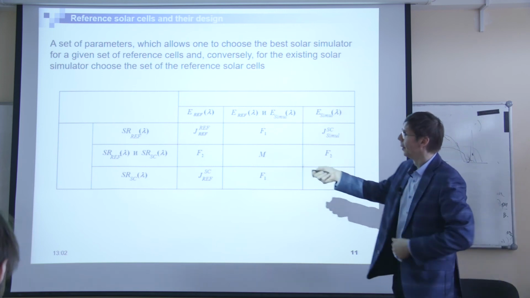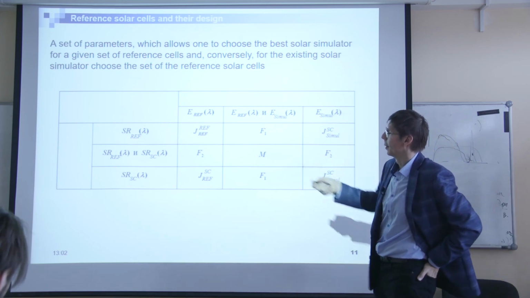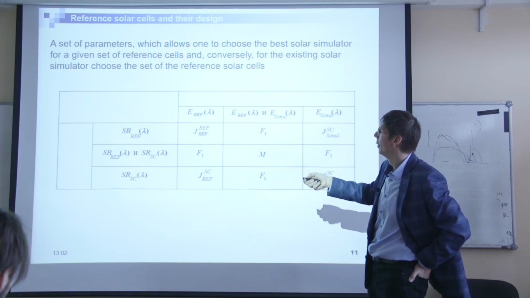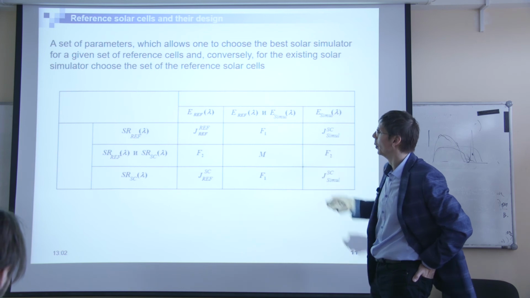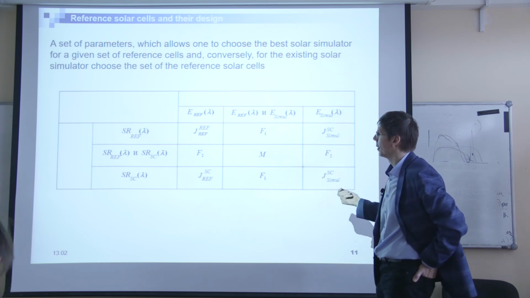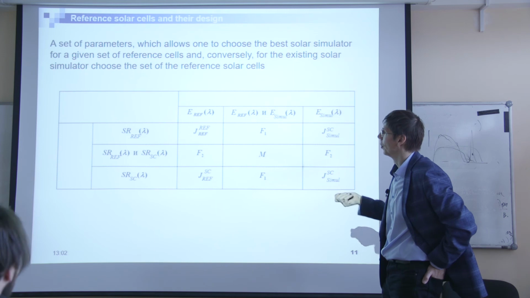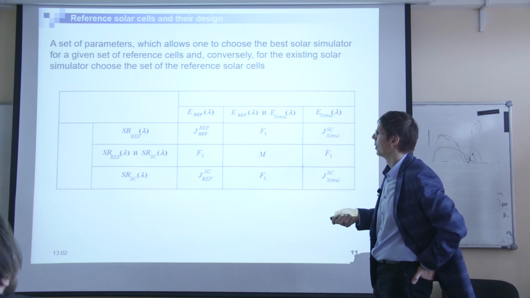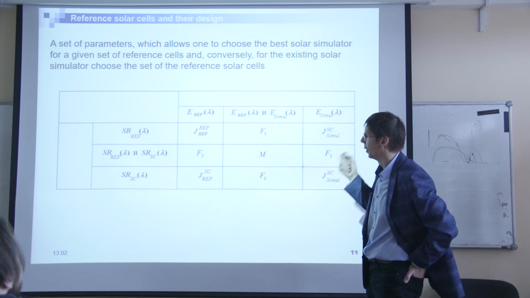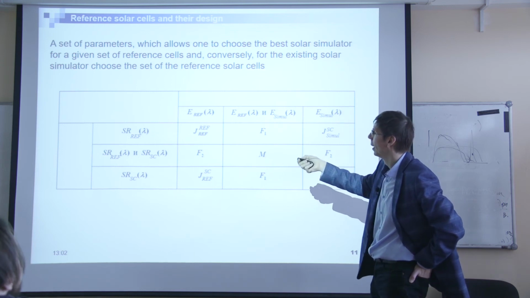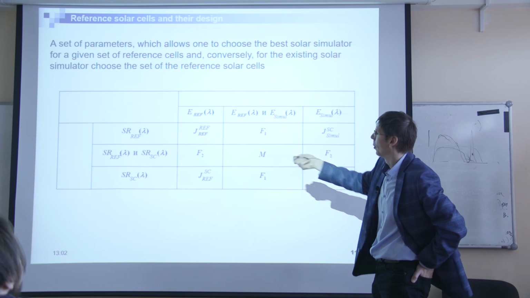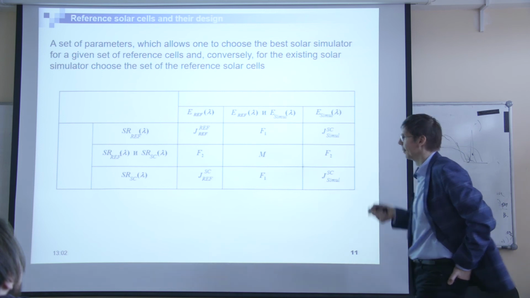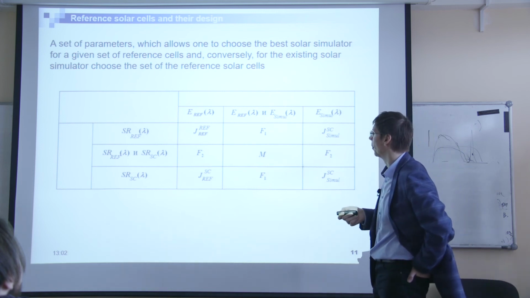For example, if we know the spectral response of the reference solar cell and we know the spectral distribution of the reference spectrum, we can calculate the current of the reference solar cell under the reference spectrum.